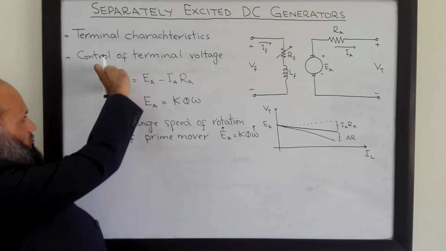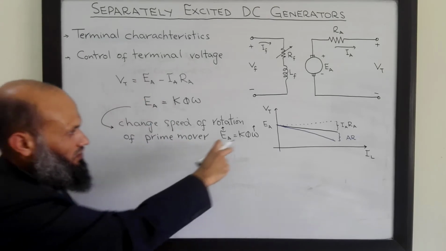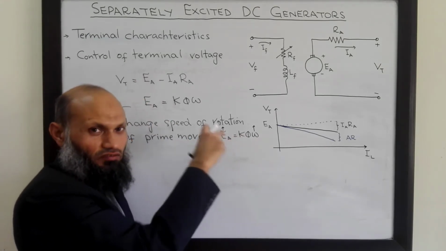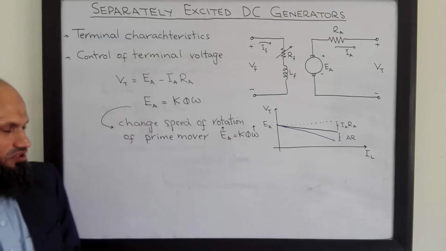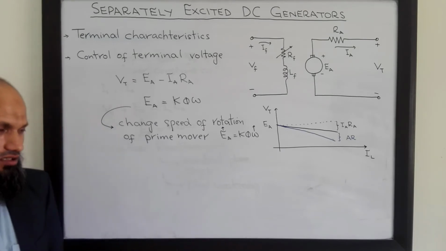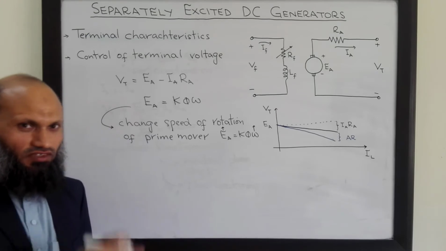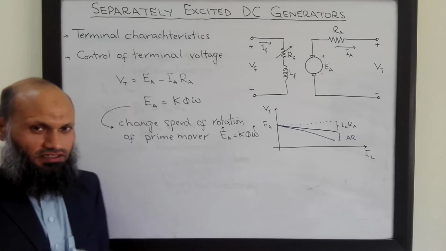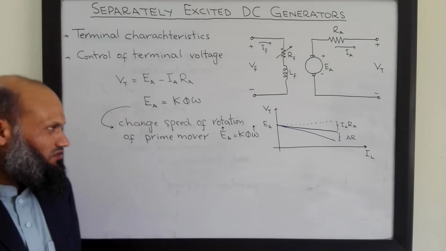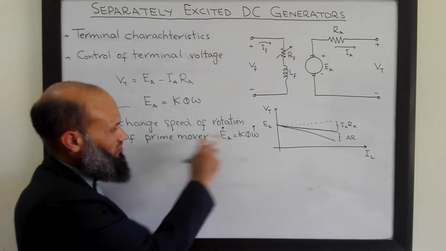So we can control the terminal voltage through controlling the speed of rotation of the prime mover. However, generally we do not have significant control on the speeds of prime movers, and significant variations are not possible in the speed of rotation of the prime mover.